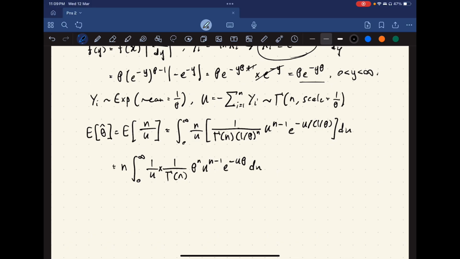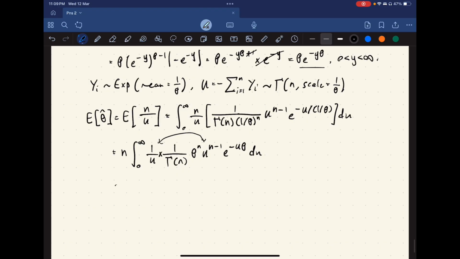Now, if you combine the two u terms, you will have n, integral of 1 over gamma n, multiplied by theta^n, u^(n minus 2), e^(negative u theta), du.